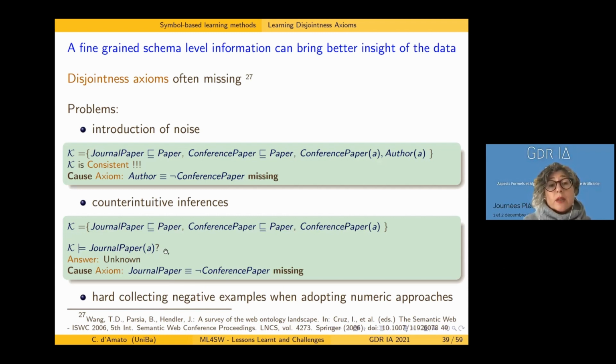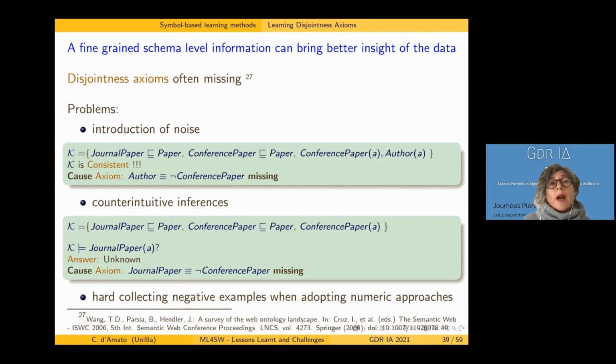The other point is that the absence of disjointness axioms is the main motivation for which it is so hard to collect negative examples, negative triples, that need to be used when applying numeric-based learning methods, knowledge graph embedding methods on the knowledge graph for performing knowledge refinement tasks.